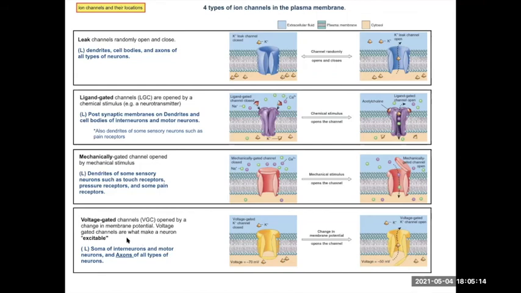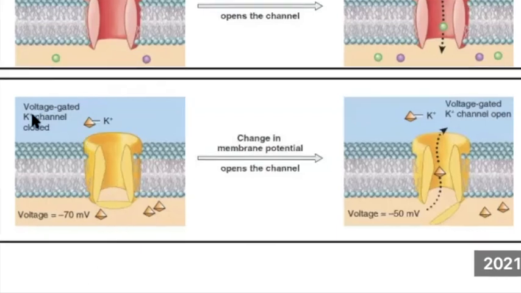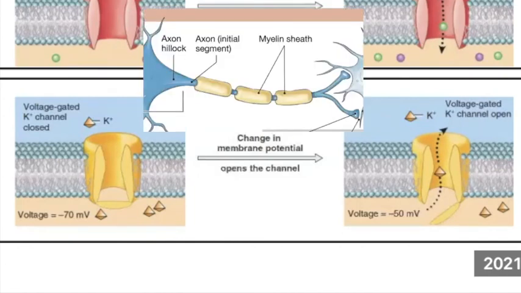And then the big one here is going to be voltage gated channels. These are going to be opened up by a change in voltage. In this example, this is a sodium one. There's a certain voltage, the -70 resting membrane potential. If for some reason there's a positive charge running through here, this gate opens. We're going to find these voltage gated ones mostly near your axon hillock and your axons.